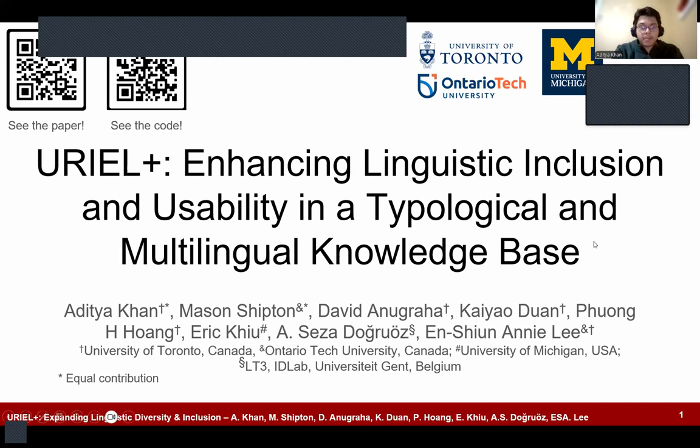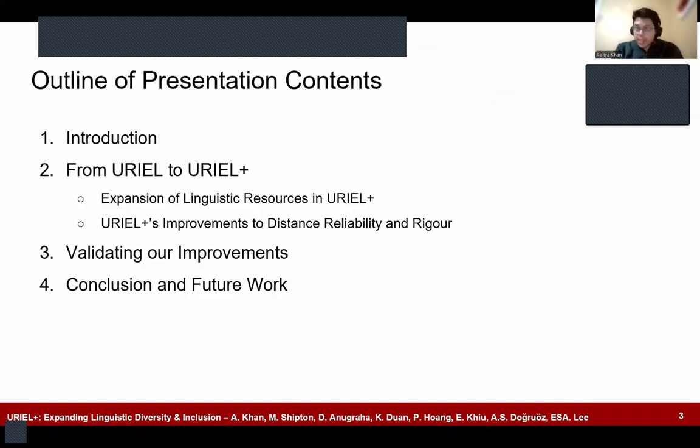In terms of the contents of this presentation, we'll start off with a quick introduction to what URIEL is, and some of the flaws with URIEL in particular. Then we'll talk about how in URIEL Plus, which is our contribution, we managed to improve upon those flaws.